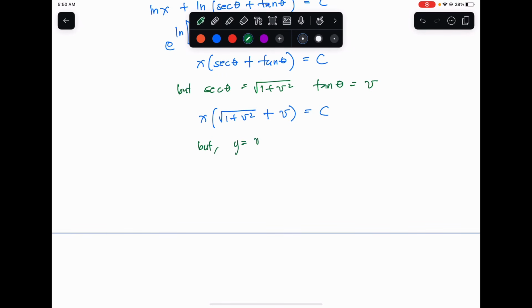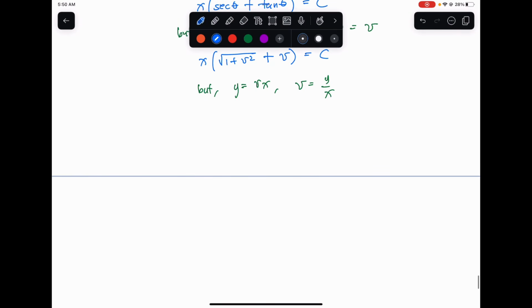Therefore, v is y all over x. So x times the square root of 1 plus, v squared is y squared all over x squared, plus v, which is y all over x, is equal to c.